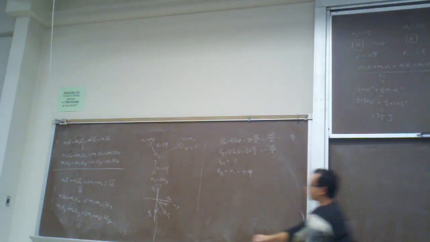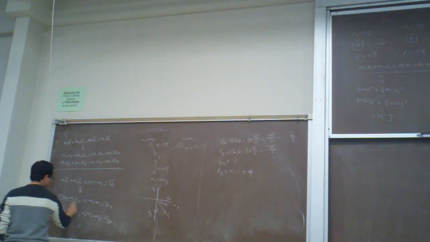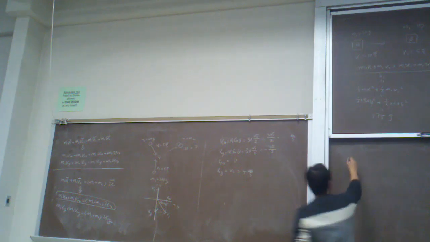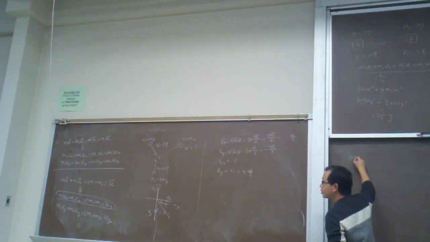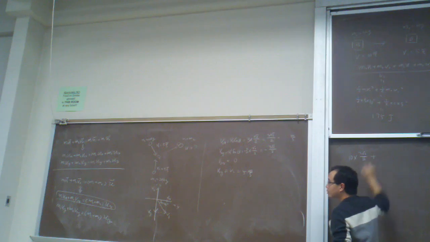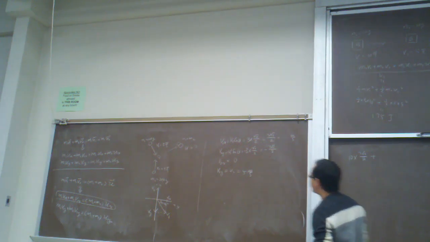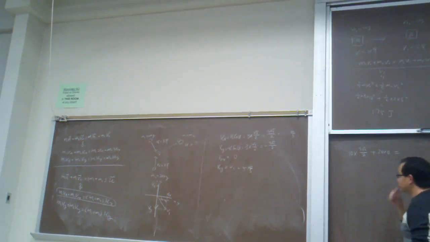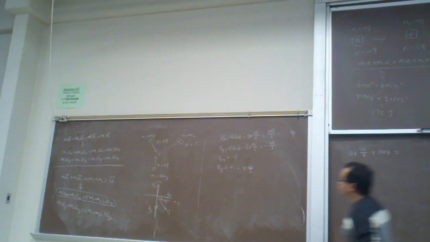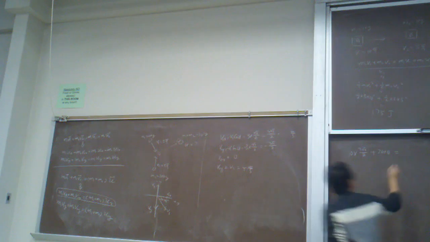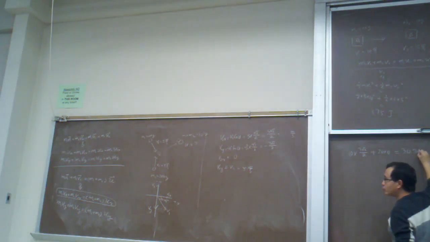So if we put into the first equation here, we get m1, which is 10, times v1x, which is this one, plus m2 multiplied by v2x, so 20 multiplied by 0, equals to m1 plus m2, which is 30, multiplied by ux.